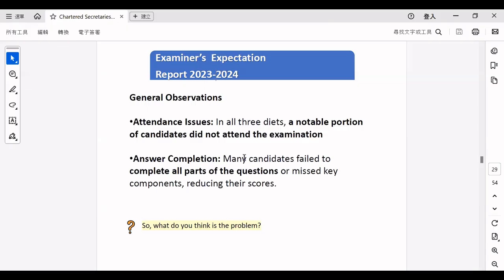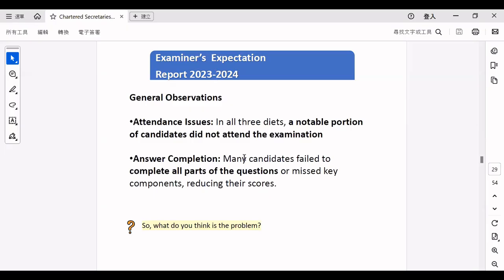Now, obviously, why is that the case? You will probably understand that they don't come to the examination room because they are afraid that they will fail, because they have not prepared well. That is the most probable reason for them not coming.